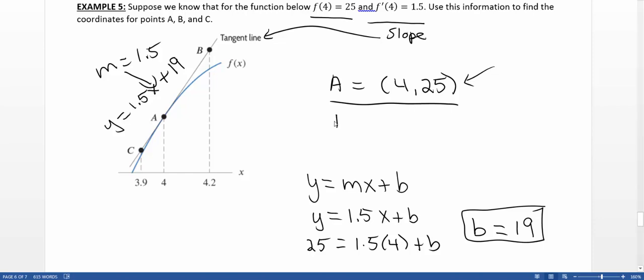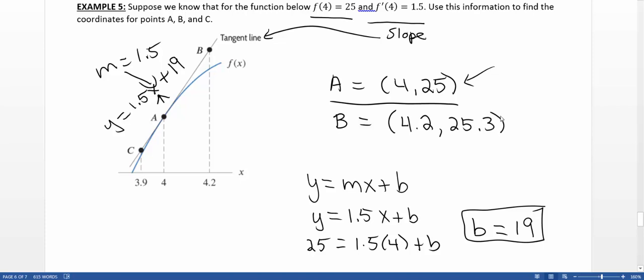Which means that to get that point B, our x value is 4.2. And we're going to take 4.2 and plug it in for x. So we'll do 1.5 times 4.2 plus 19, and that'll give us 25.3. And that makes sense, right?